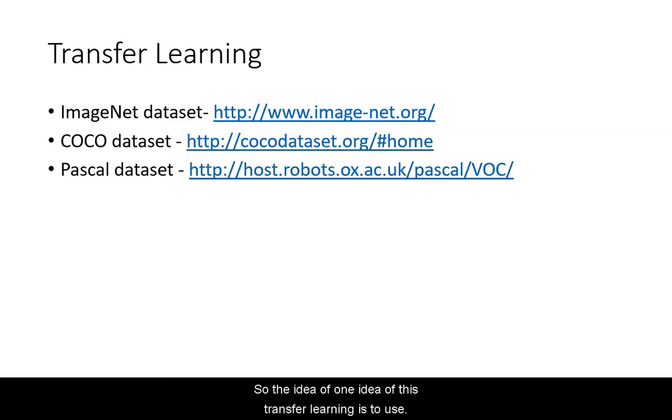So one idea of transfer learning is to use available weights, pre-trained weights from a different task, to initialize a problem that you are trying to solve, which is related to your original task.